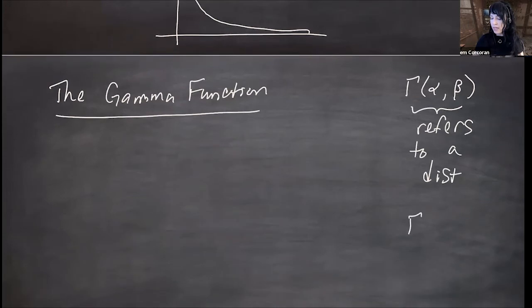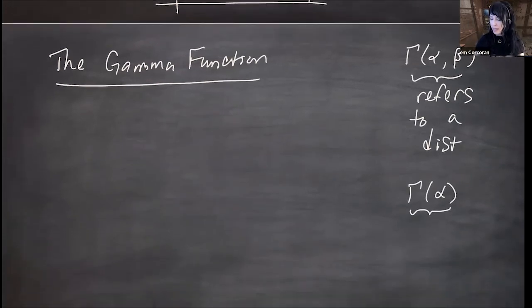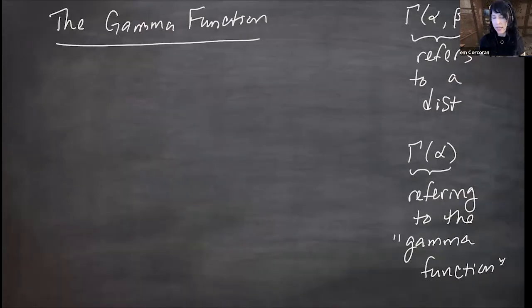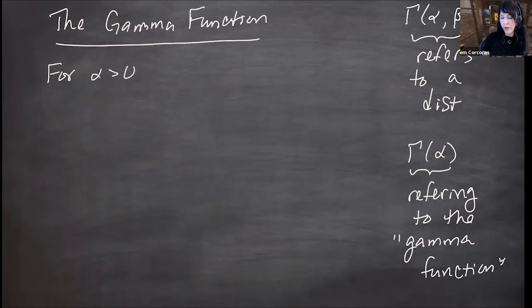But if you see a gamma with 1 argument, even if it's not called alpha, this is referring to the gamma function. And the gamma function is defined for alpha greater than 0.